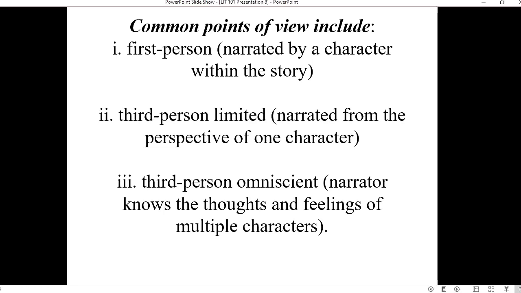So we have identified three common points of view, which are first person narrative technique, in which the major character is the one narrating the story. But in the case of the third person limited character, the author narrates the story from the angle of one of the characters in the story.